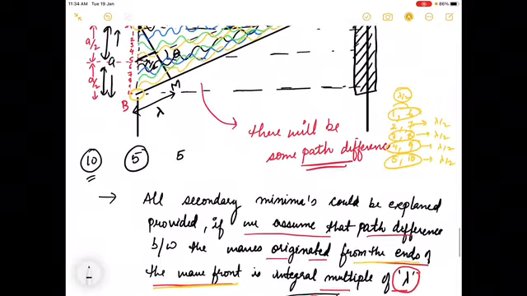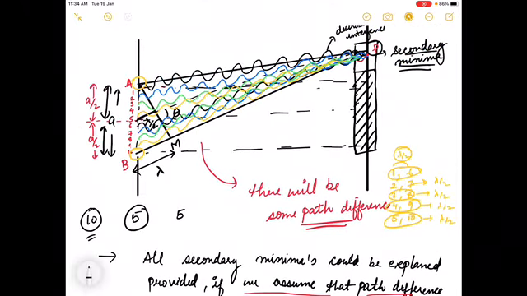Now we all know path difference is BP minus AP.